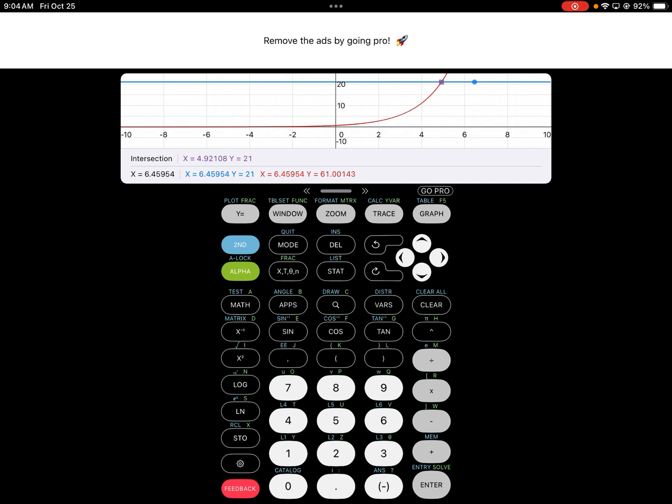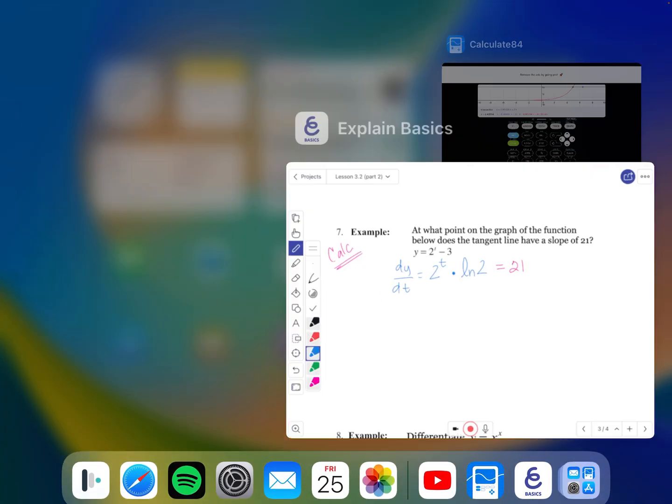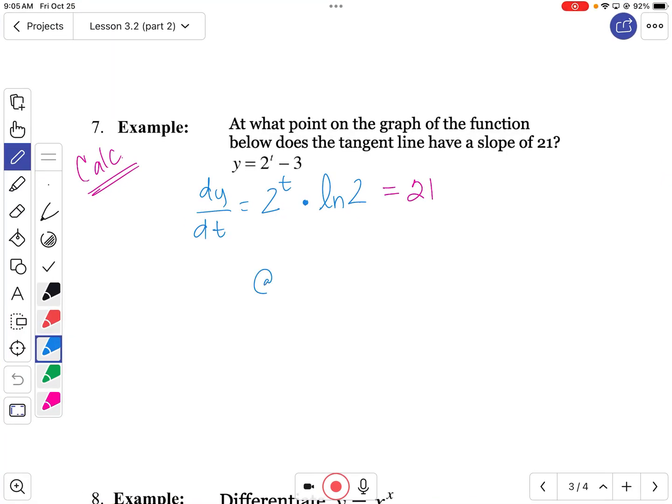Yep, and that's what we want. So at 4.921 is my intersection point.